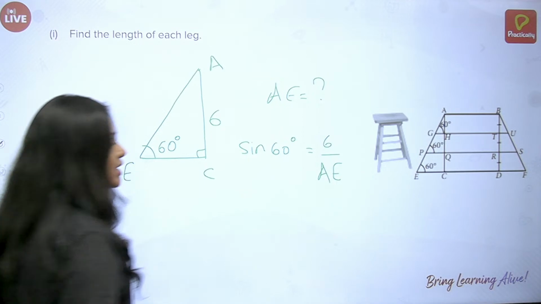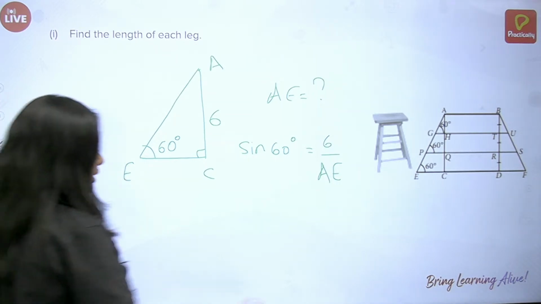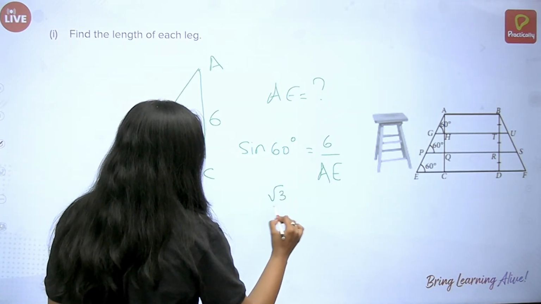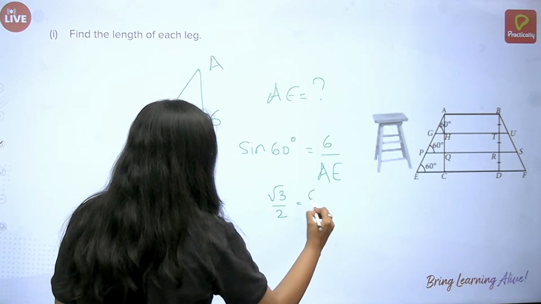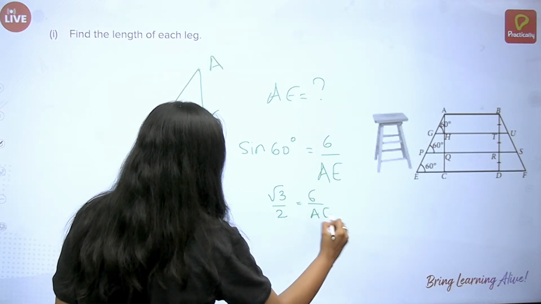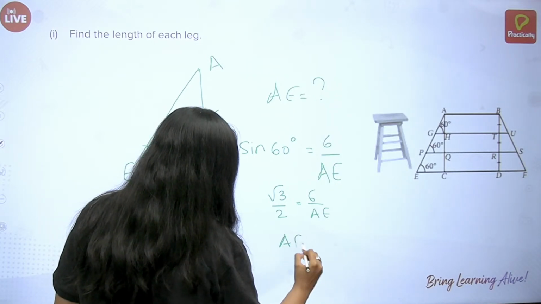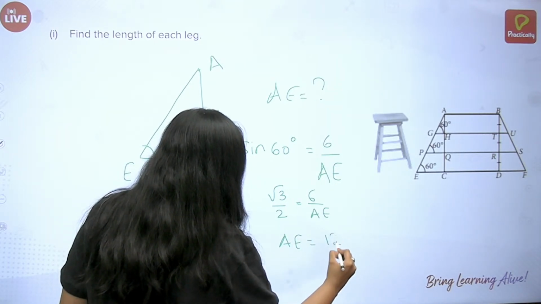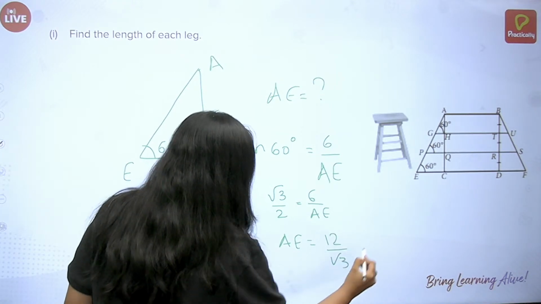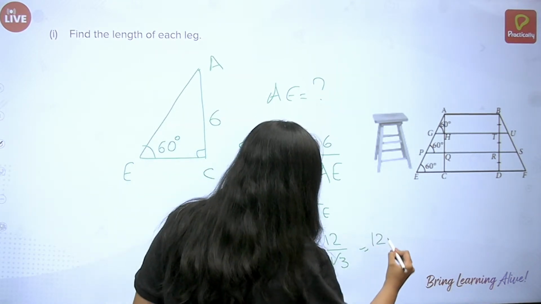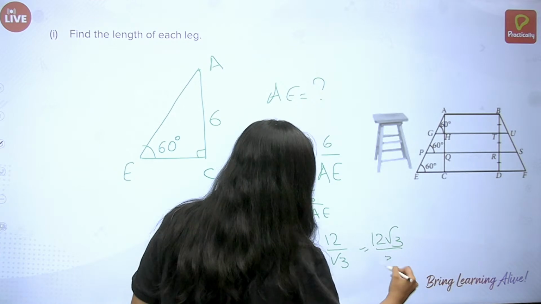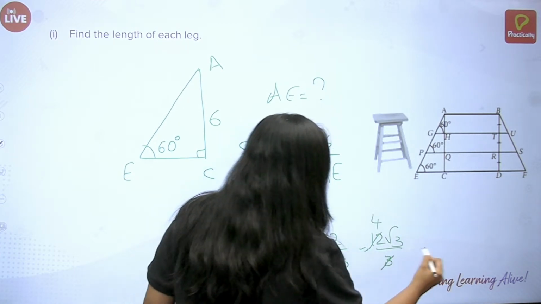So, what is the sine 60 value? Root 3 by 2. Root 3 by 2 equals 6 by AE. So, this is nothing but AE equals 12 by root 3. Rationalize: 12 root 3 by 3. That is nothing but 4 root 3.